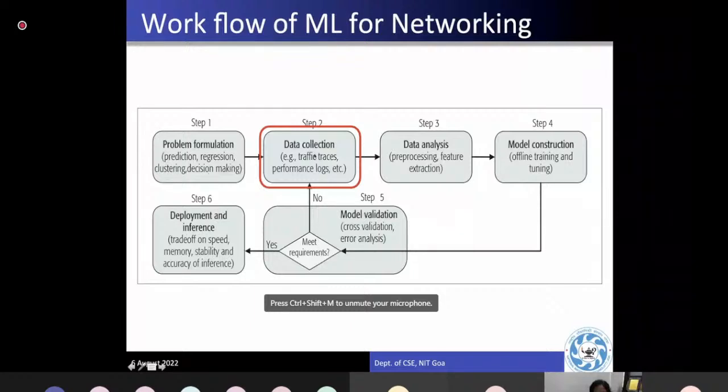The second part is data collection. Data collection is a very important factor in networking. As I said, each network is unique, so we have to take the pain to collect the data for the particular network for which you are going to design the model. Let us assume a prediction model.